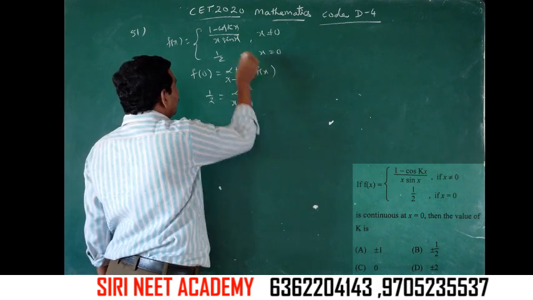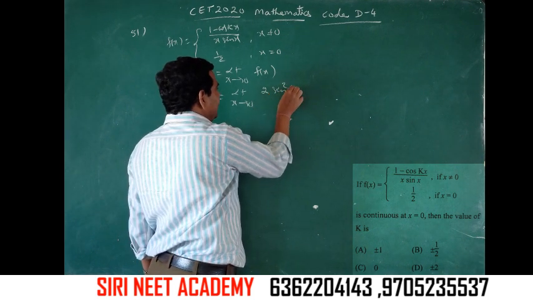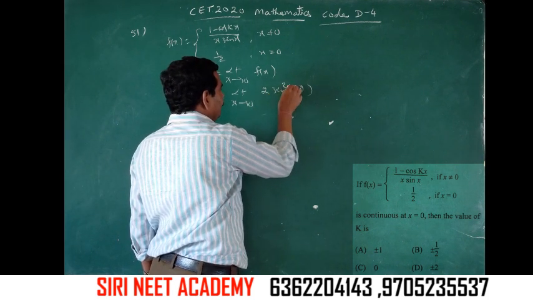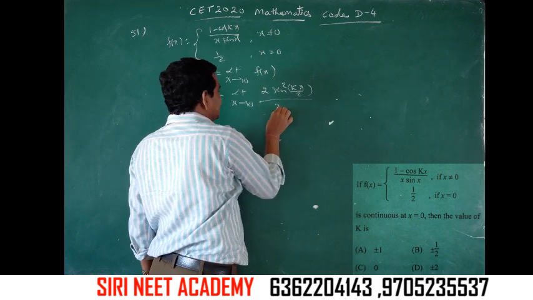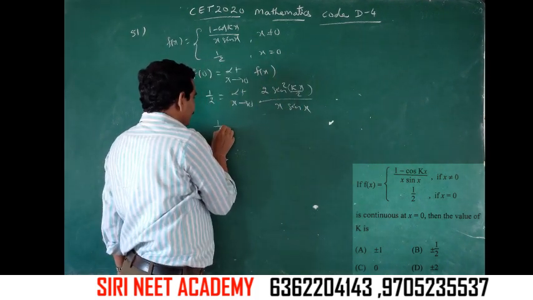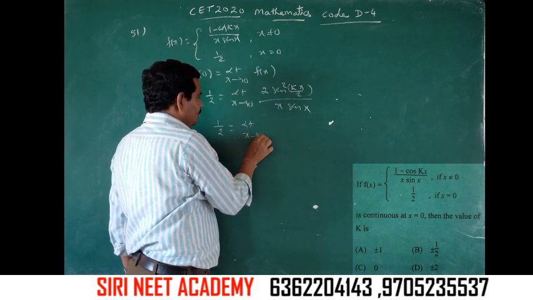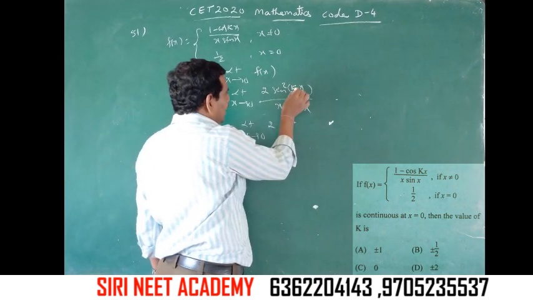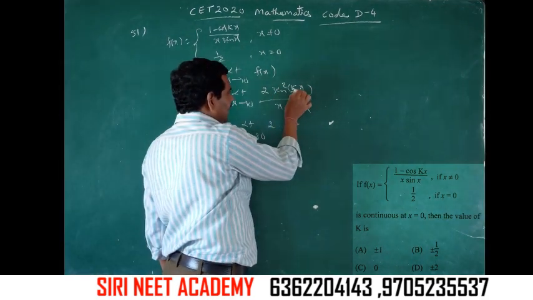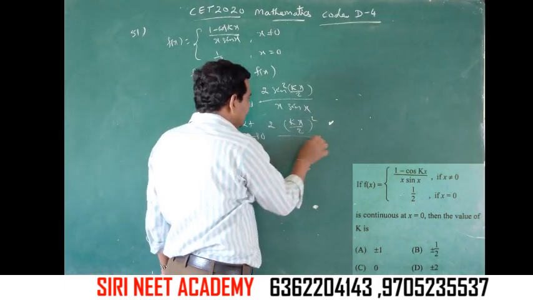Limit x tends to 0, f of x. 1 minus cos theta is 2 sin square theta by 2, divided by x into sin x. So 1 by 2 is equal to limit x tends to 0, 2. In place of sin square kx by 2, can write kx by 2 only.